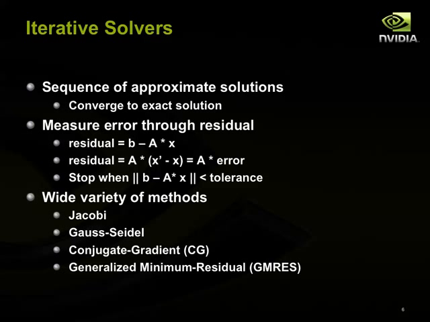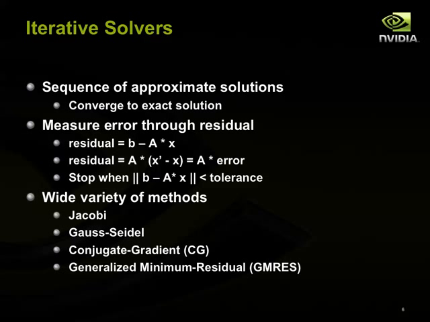So if we look at the difference between the true solution and our approximate solution, so A prime is our true solution, AX is, what's that? You mean X prime. Sorry, yes, X prime. Then that's the same as A times the error. So the residual is sort of the error that we have left in our solution times A. So it's the transformed error, but it's our best thing that we can look at because we don't know the true solution yet.